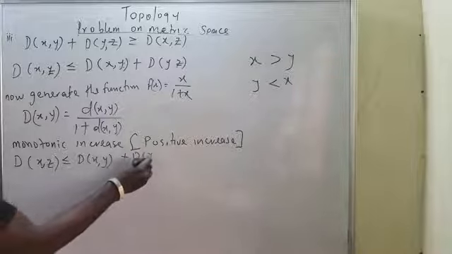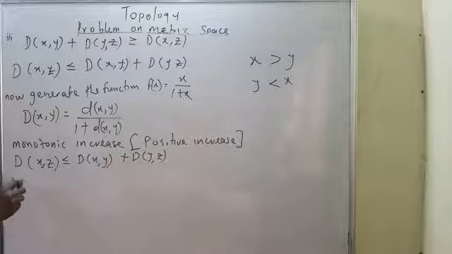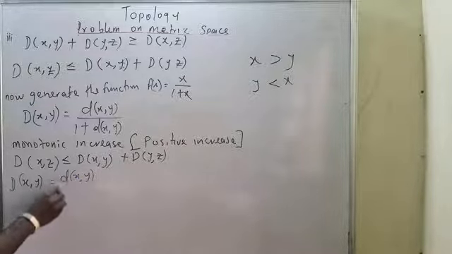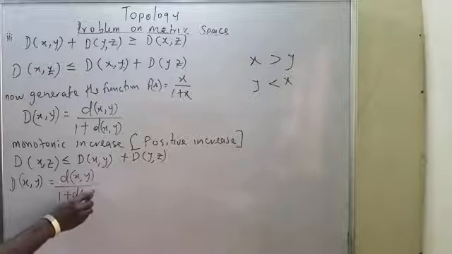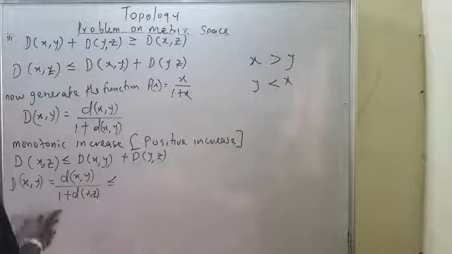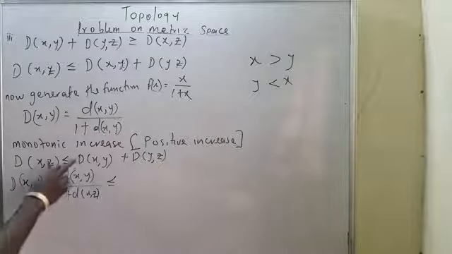plus d of yz. Okay, now what I mean there is that my d of xy equals d of xy divided by 1 plus d of xz, which is less than or equal to, if I do something like this, I can see that it's less than what is here.